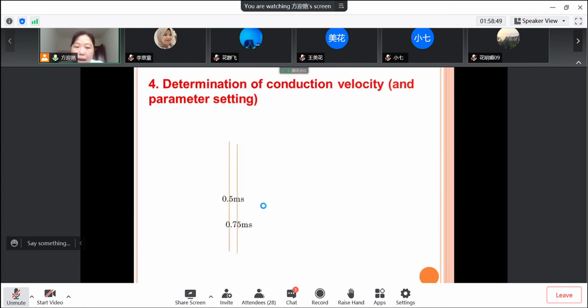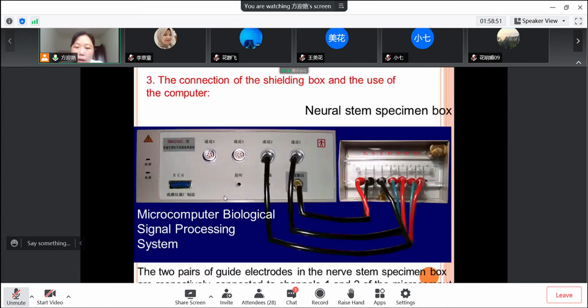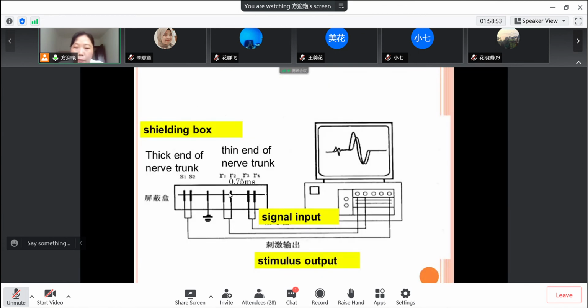It means that the action potential conducted from channel 1 to channel 2 should spend 0.75 microsecond. Yeah, can you understand?